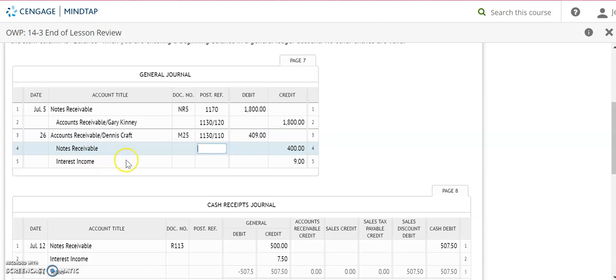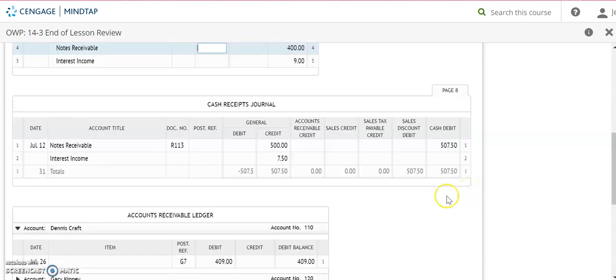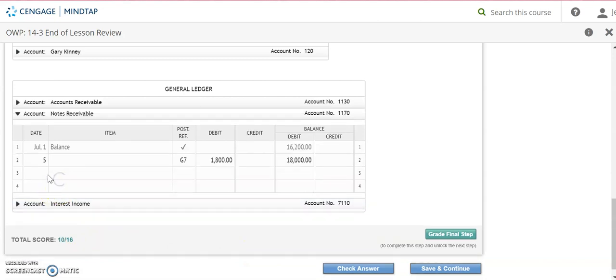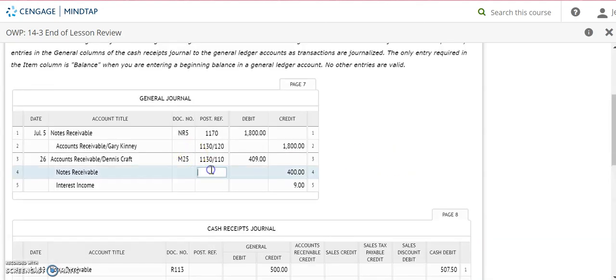Okay, now I'm going to be posting to notes receivable. The 26th, G7, and we are going to credit for 400. And then I'm going to find my new balance. Account number 1170 goes back up.